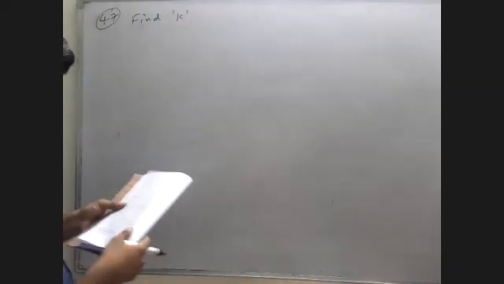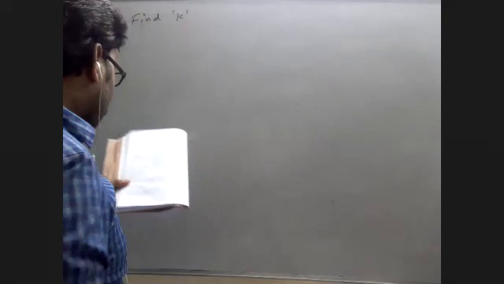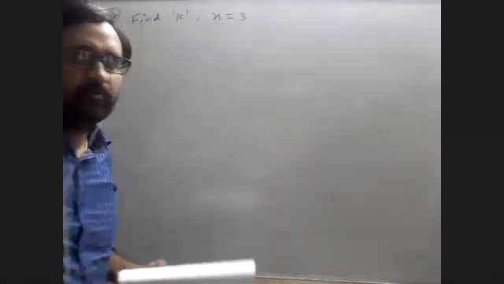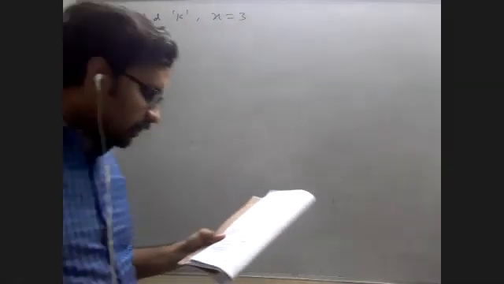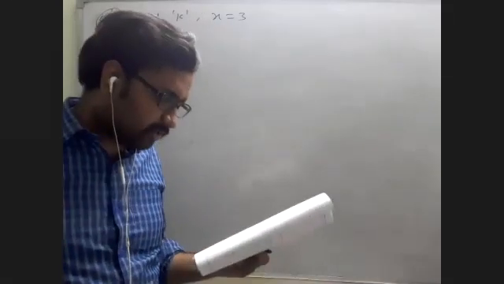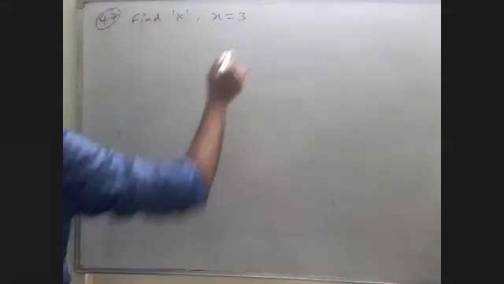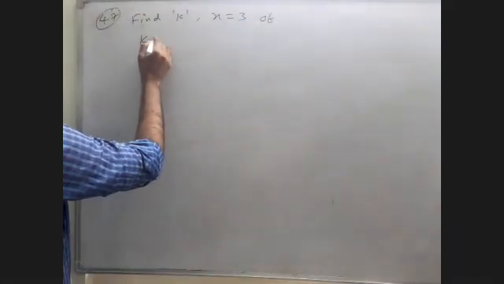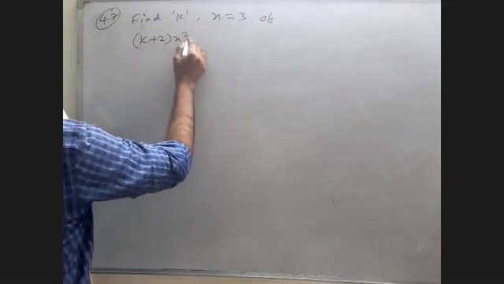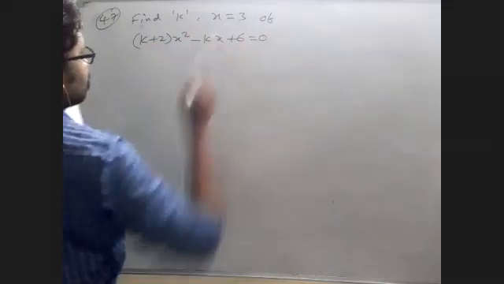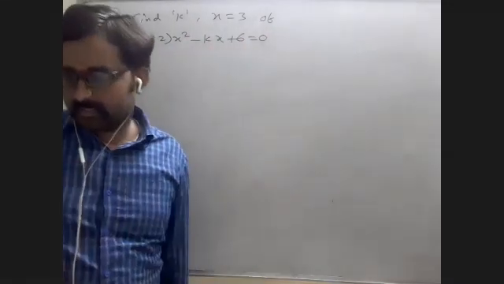Find the value of k for which x is equal to 3 is a solution of the quadratic equation k plus 2 into x square minus kx plus 6 is equal to 0.